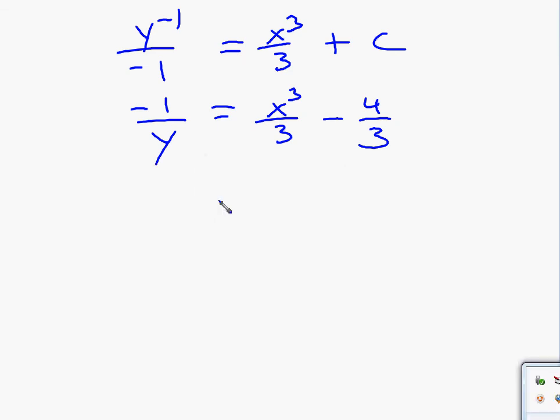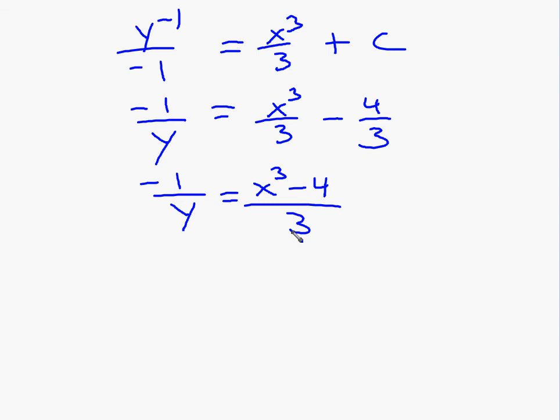Now the way that I would finish this problem, we're not really complete until we solve for y. So can't I write this as negative 1 over y equals x cubed minus 4 over 3? Right? And now I have a simple proportion, right, that I can cross multiply. So I have negative 3 equals y times the quantity x cubed minus 4 if I just cross multiply like we learned with proportions.